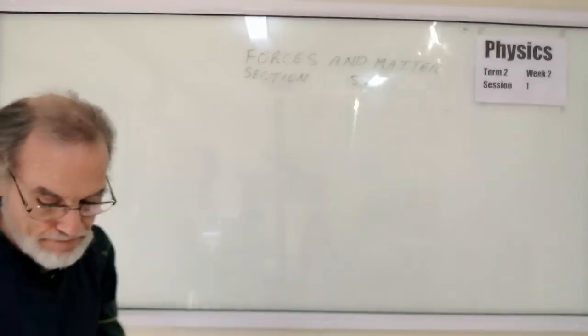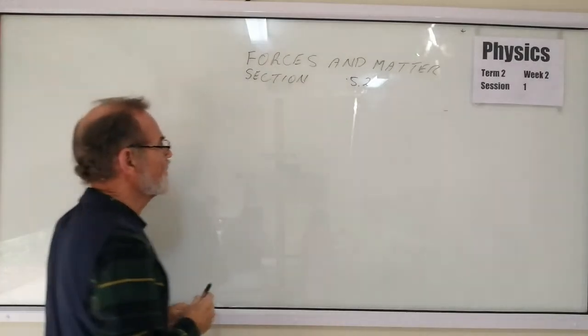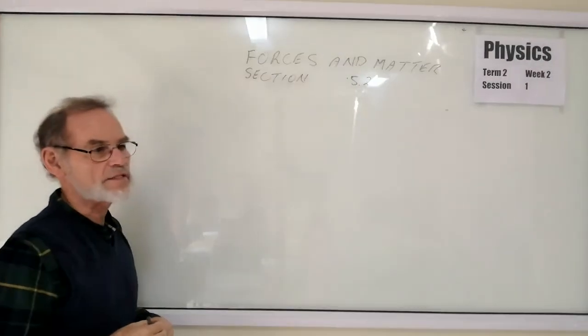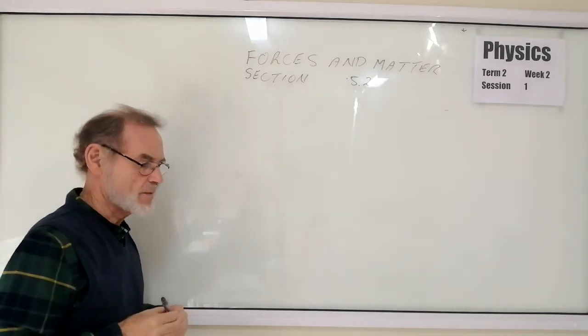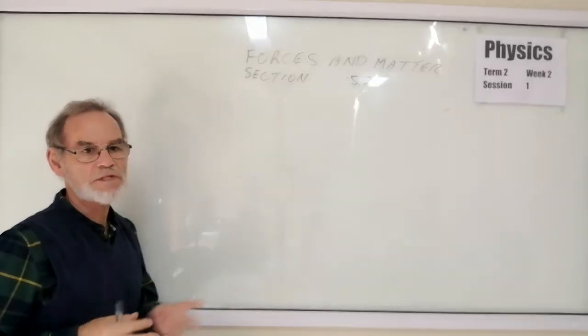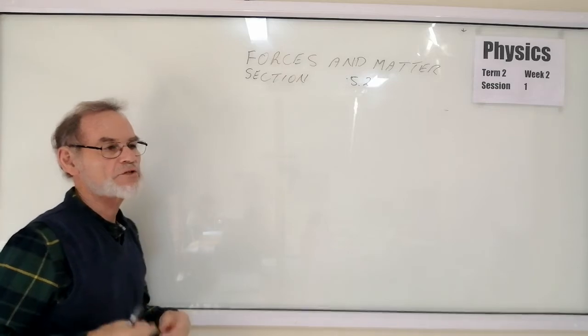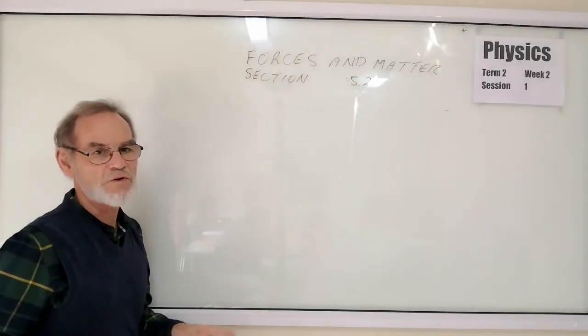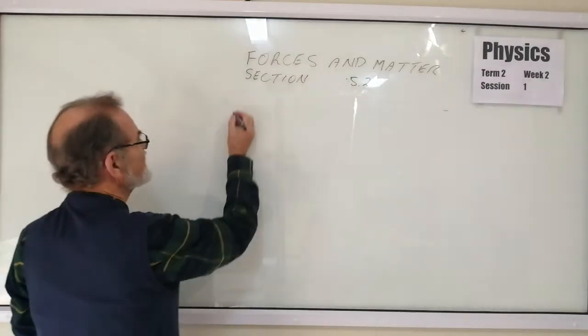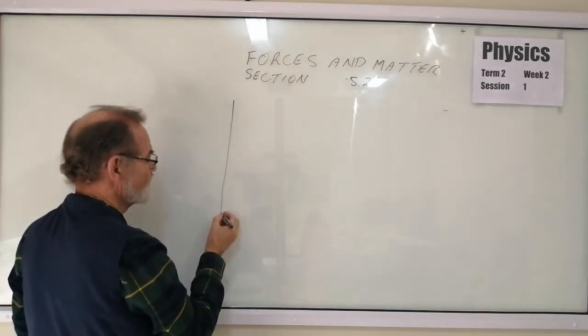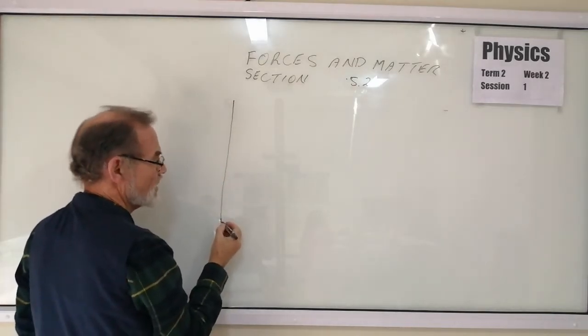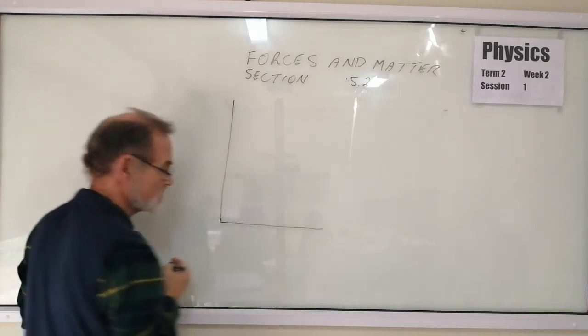So now we have to mark our axes, and we have to determine our scale. Because we are always using the decimal system, try and keep the scales in multiples of 10. That's the easiest. So if this is your vertical axis, and this is your horizontal axis.